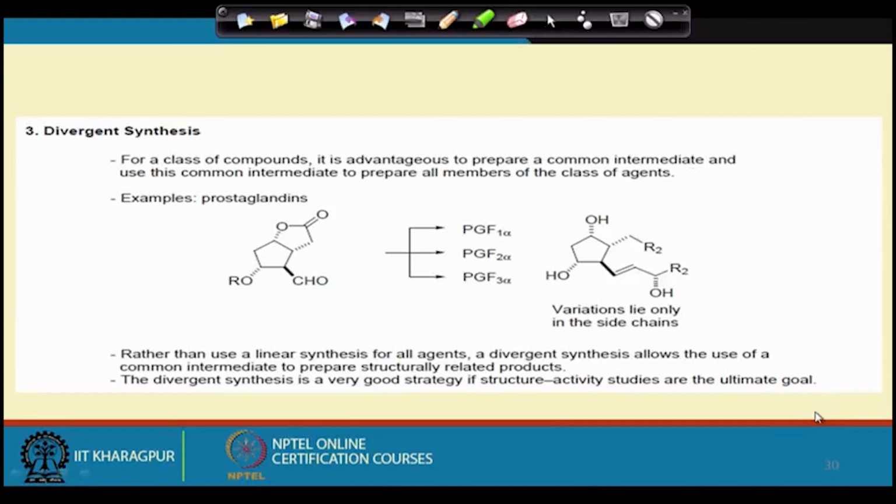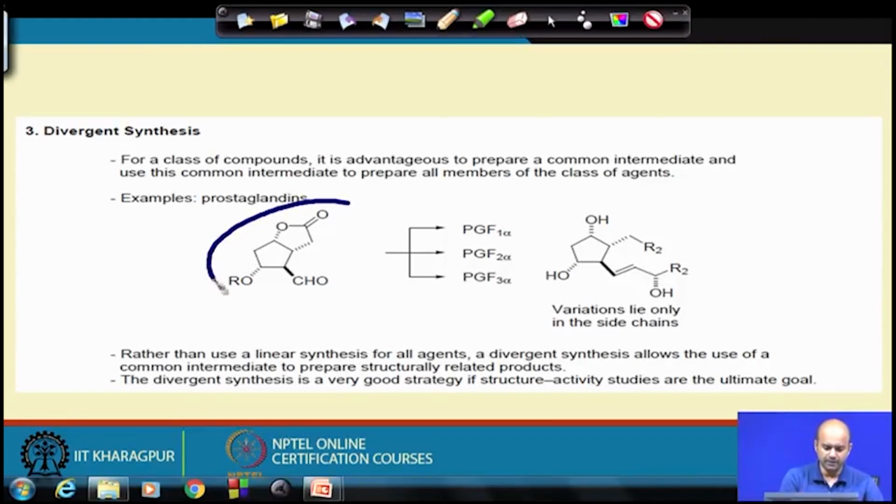Divergent is another terminology. It means that if you have an intermediate something like this, from where you can synthesize different target molecules. Say, in this instance, this molecule can lead you to this target, this target, this target.